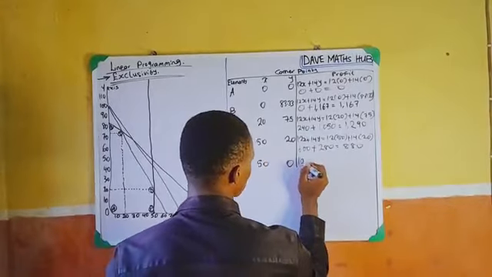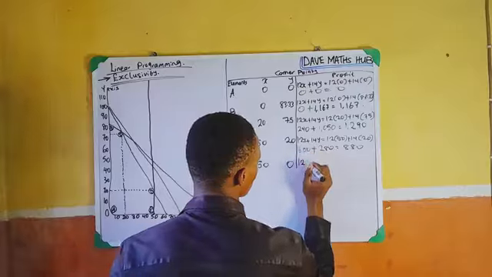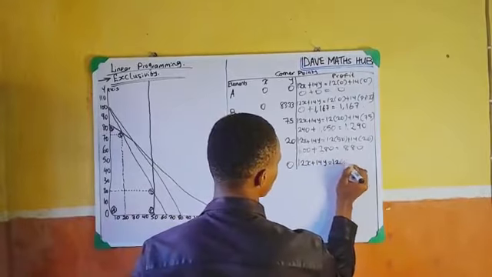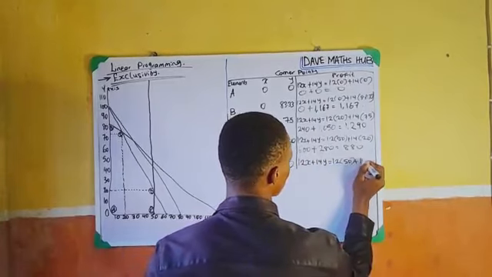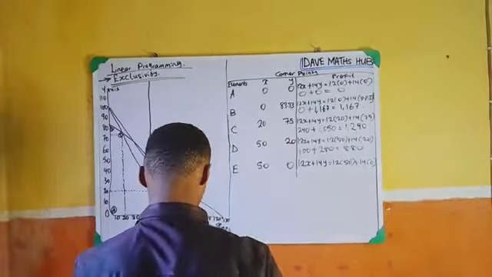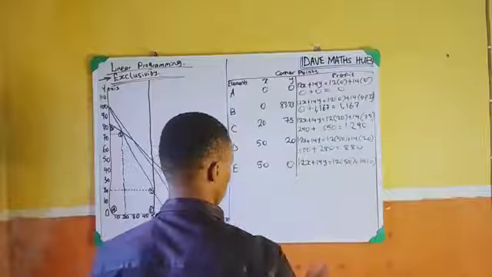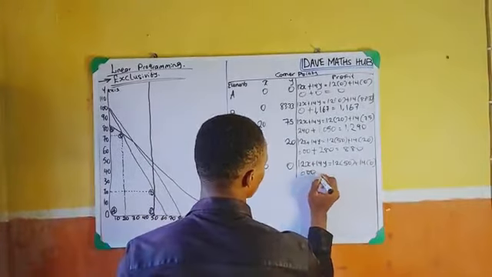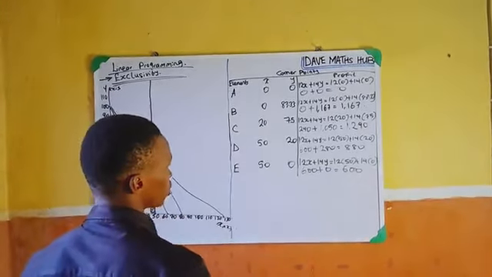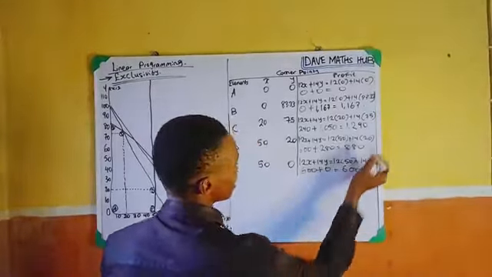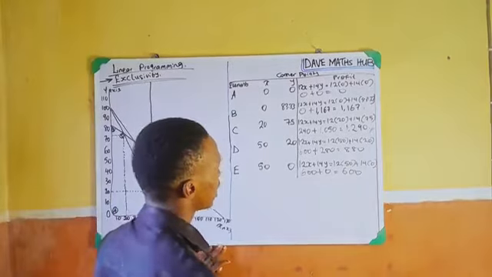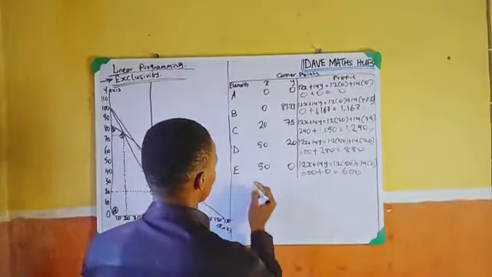Then for the last one, 12x plus 14y equals 12(50) plus 14(0), equals 12 times 50, 600, plus 0 equals 600. So from this now, we can say the highest is 1290, and we can now advise the management.